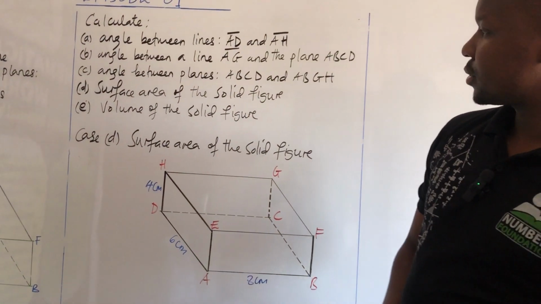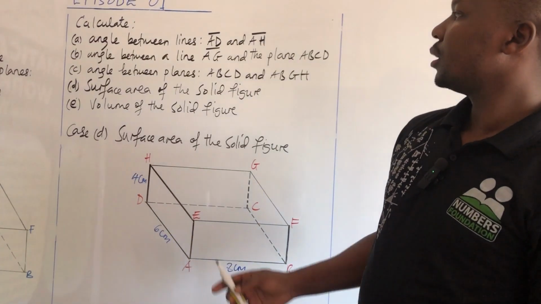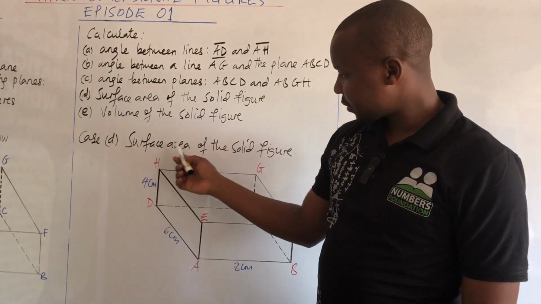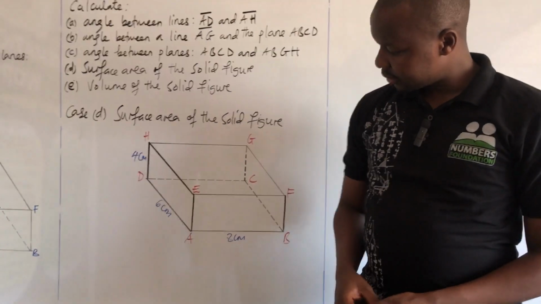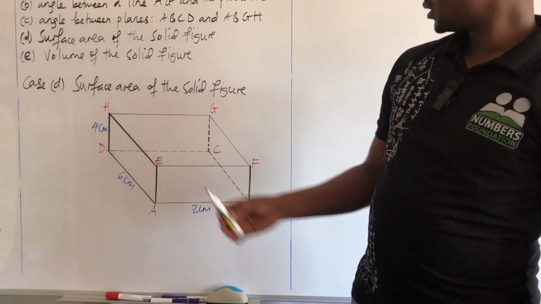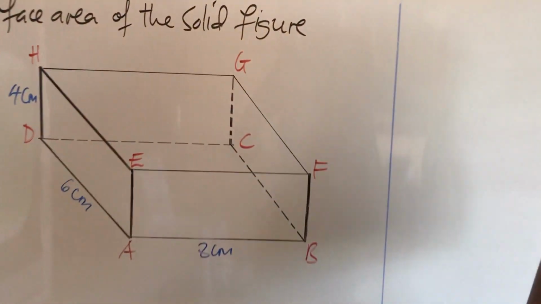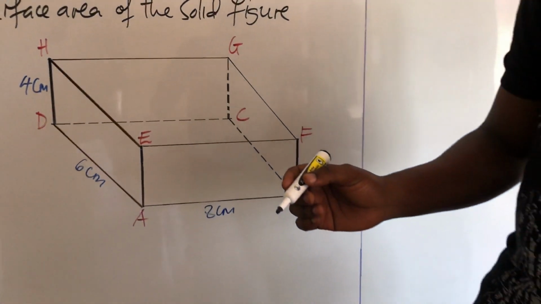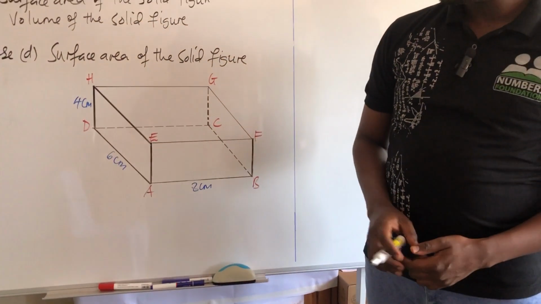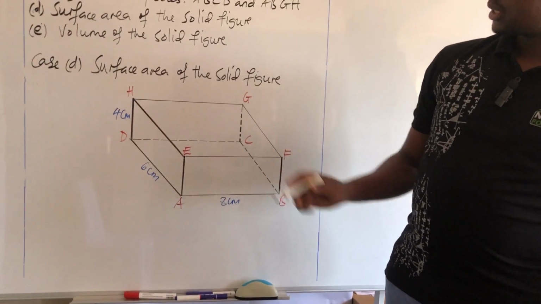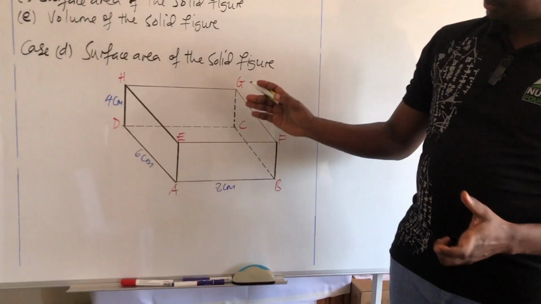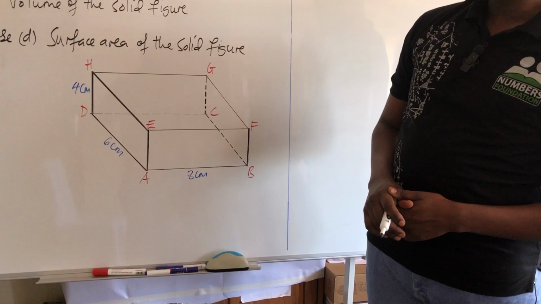Okay, now we are going to see case D, in which we are required to find the surface area of the solid figure. Our figure here is a prism A, B, C, D, E, F, G, H. On calculating the surface area, the first thing we need to know is all the faces found in the three-dimensional figure, this box here, or we call it a cuboid.